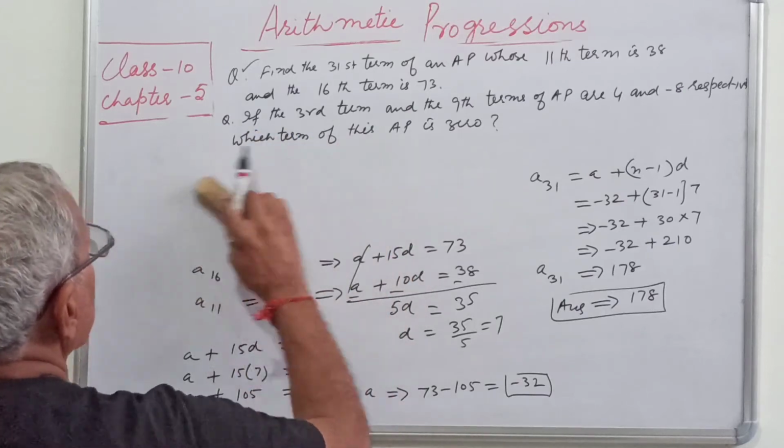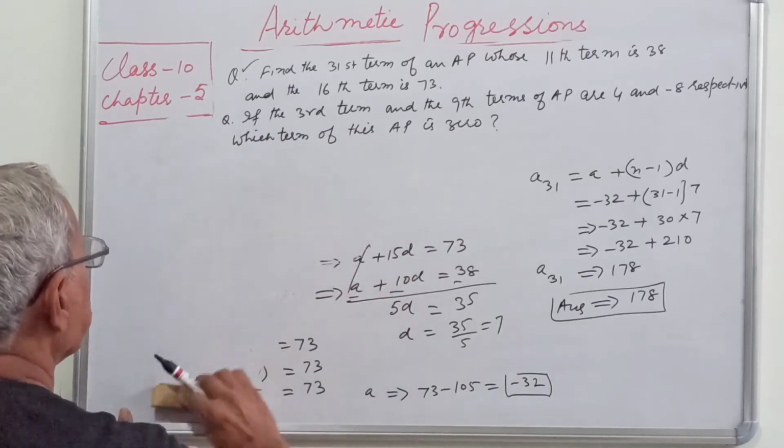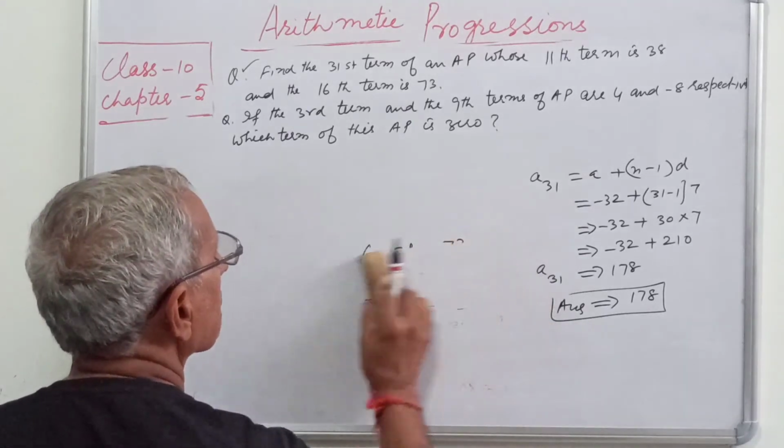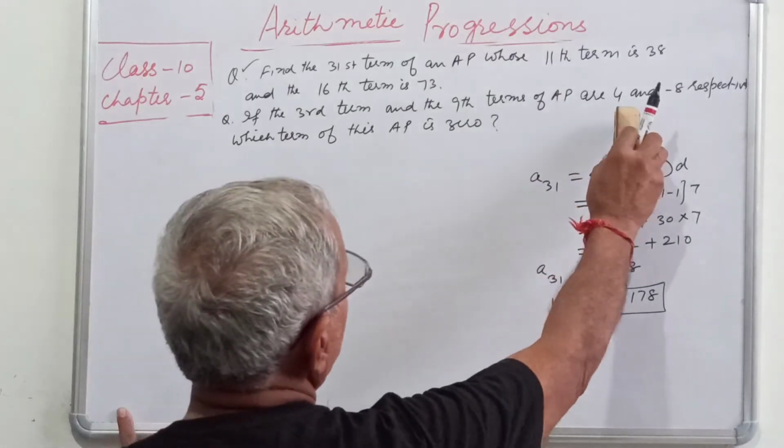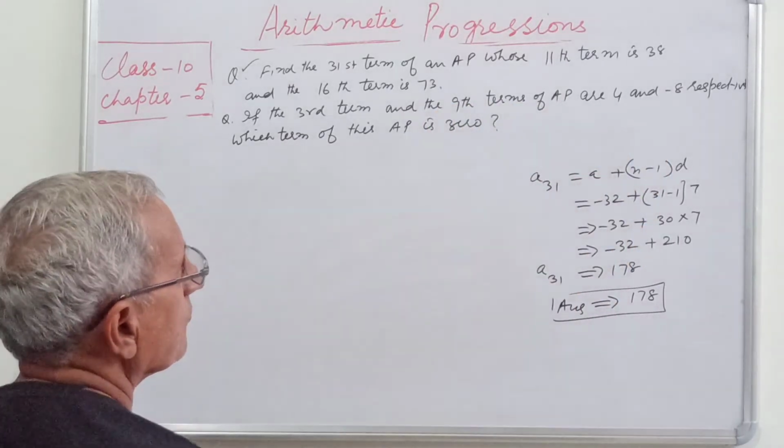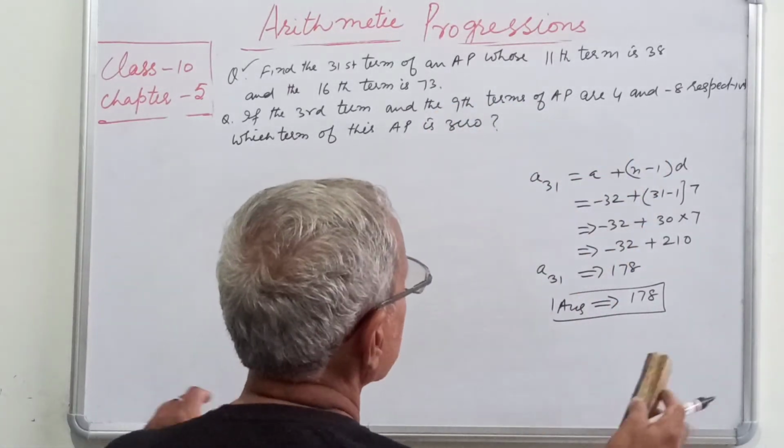Next question: if the third term is 4 and the ninth term is minus 8, which term is 0?